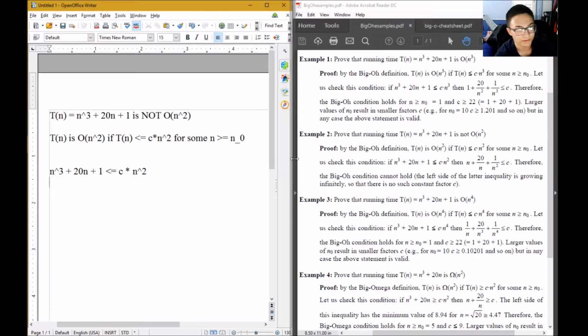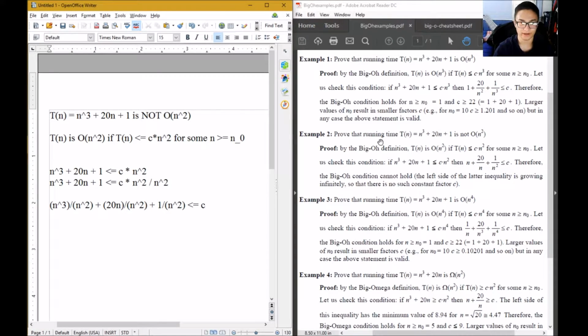So what do you do algebraically for something like this? You would divide by n squared, right? So then you'd have n cubed over n squared plus 20n over n squared plus 1 over n squared is less than or equal to c.